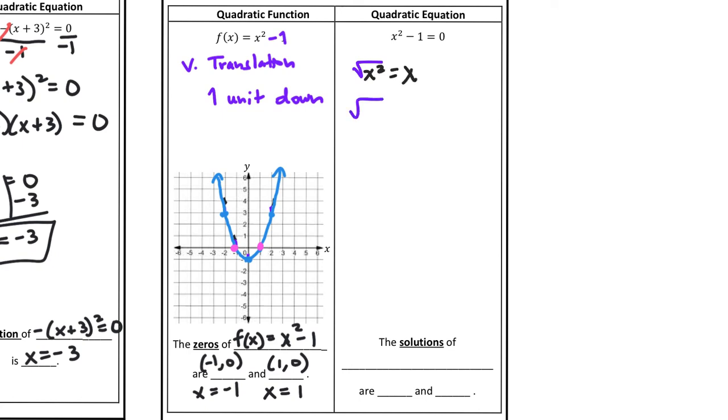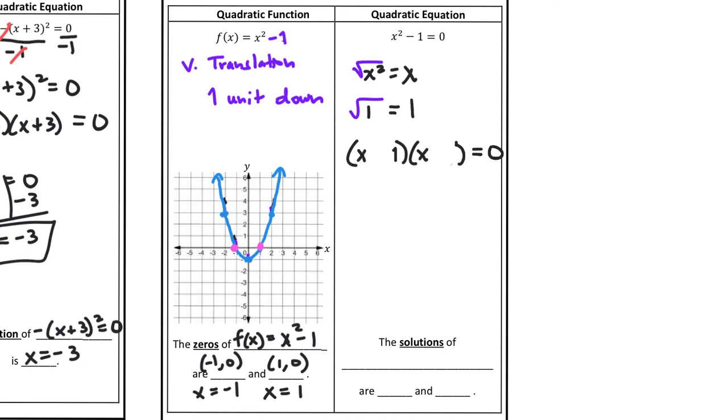Can I square root the last term, which is 1? It gives me the situation where I have x and x.